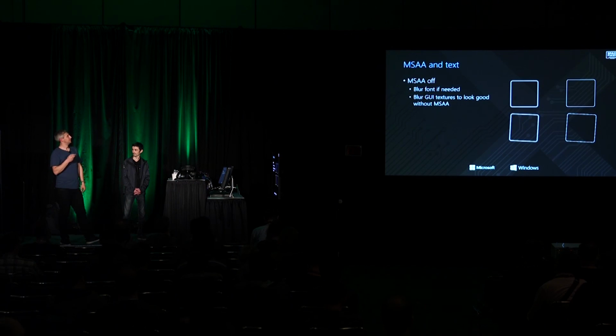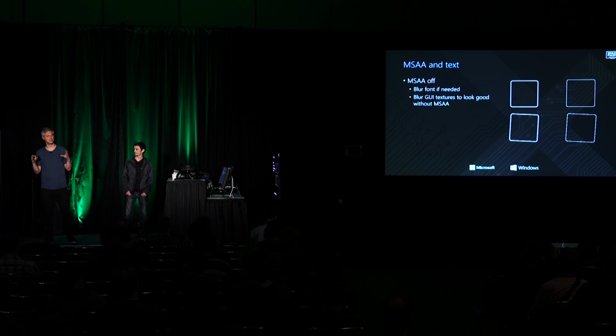And one super cool trick that even Intel said, what are you doing? But it works so well. We don't use MSAA in 620 because it's too slow. So we actually blur our GUIs in front, just in Photoshop. The right one is a 1 pixel square, the left one is just blurred slightly.